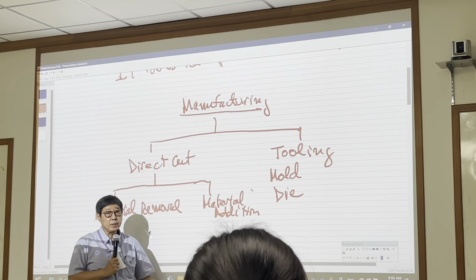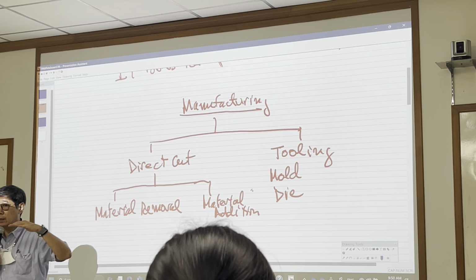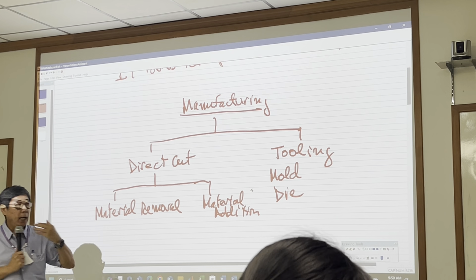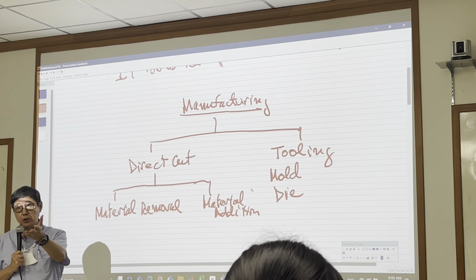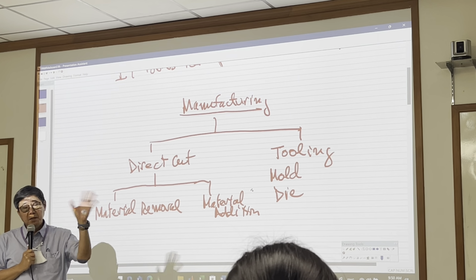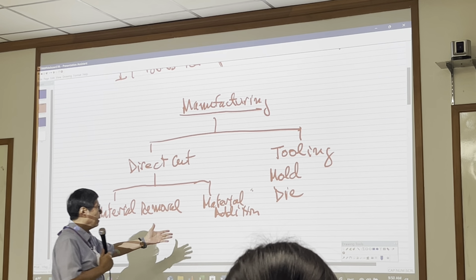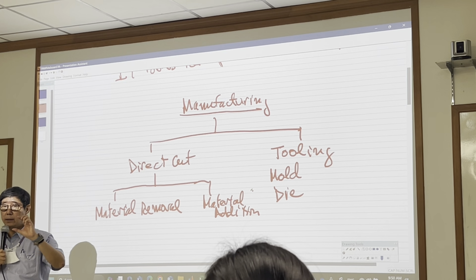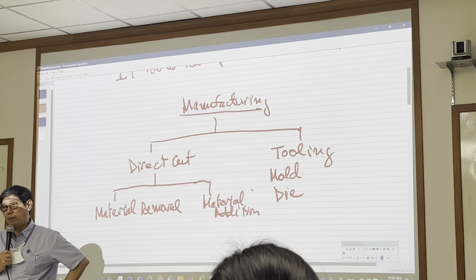Material addition is similar to a 3D printer. You add material. The 3D printer that you have experience with is very low level. There are some high level material addition 3D printers that can produce usable, strong parts, but they are very expensive.